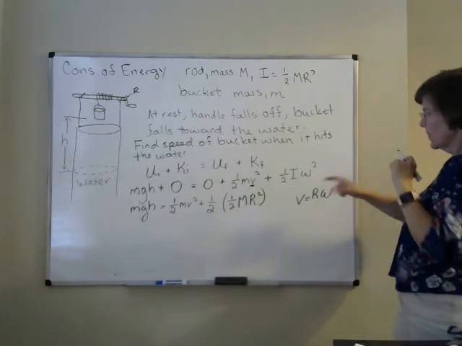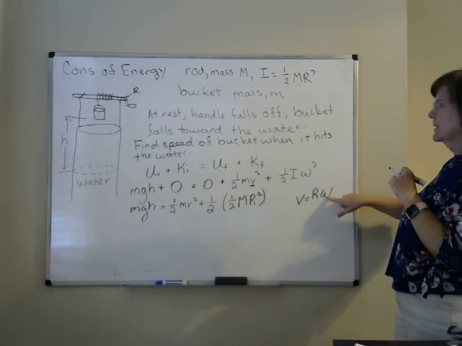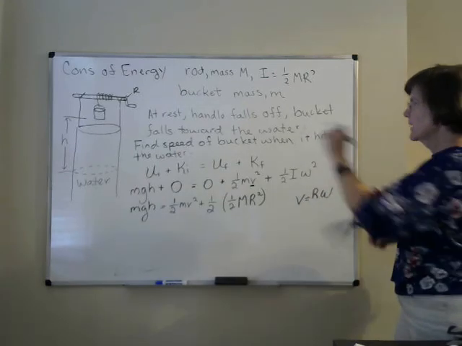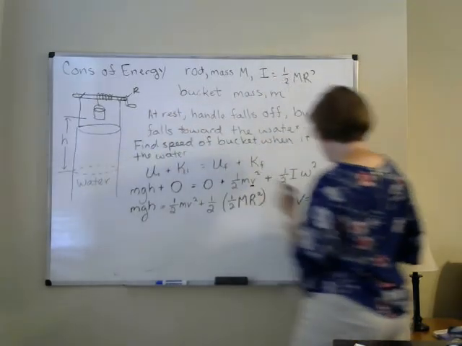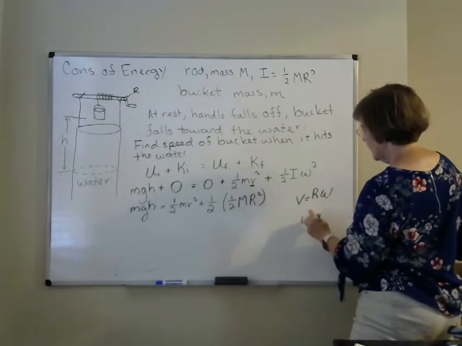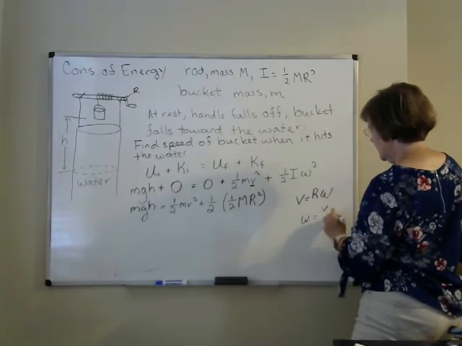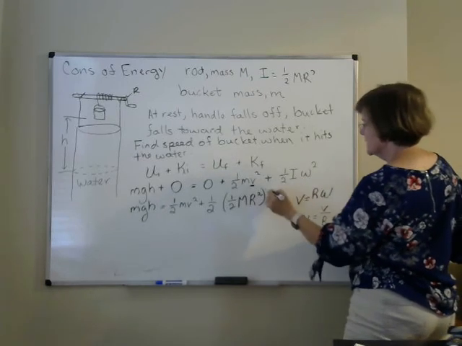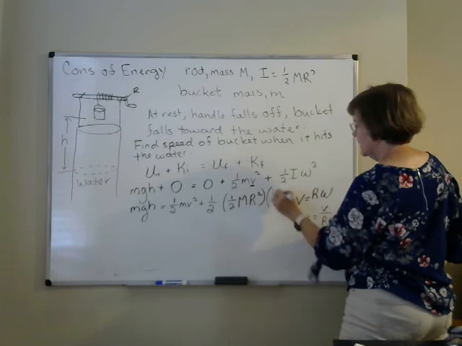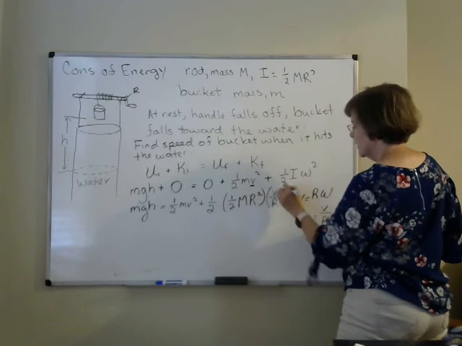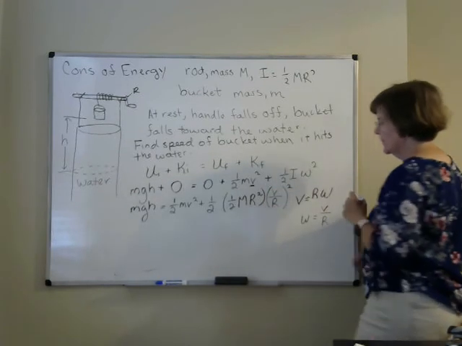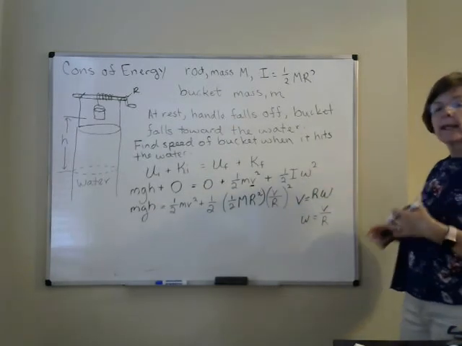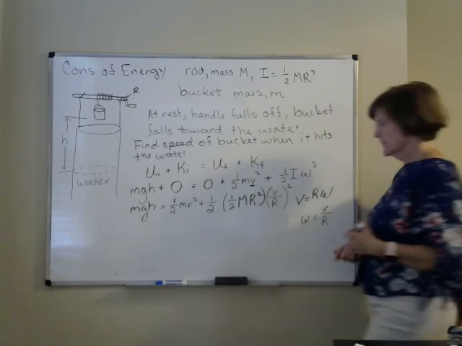So the rotational speed times the radius will tell us a linear speed for this. So I can rewrite omega as V over R. So instead of omega squared, I'm going to put V over R squared. Omega is equal to V over R. That's a really important idea in these problems.